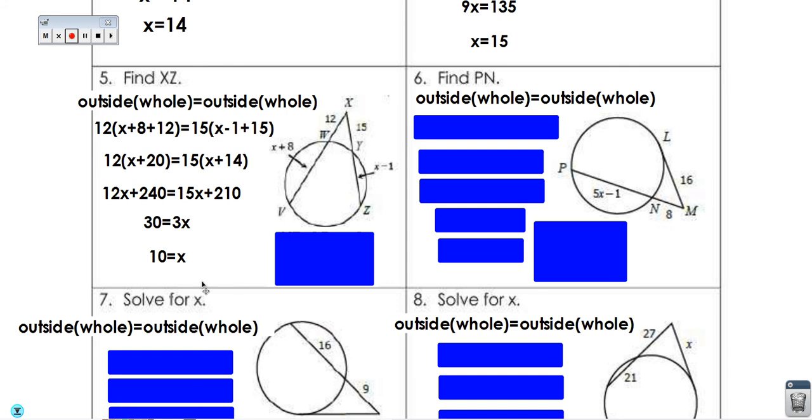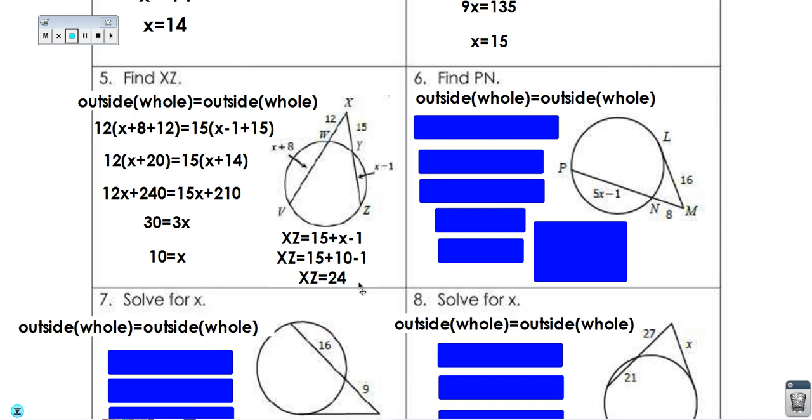Now it asks you to find xz. If you'll notice, xz is 15 and x minus 1. So I put 15 plus x minus 1, and then I plugged in 10, and I got xz equals 24. Remember, you can pause if you need to.